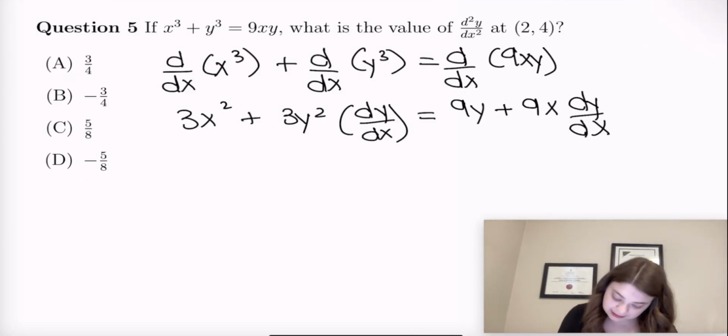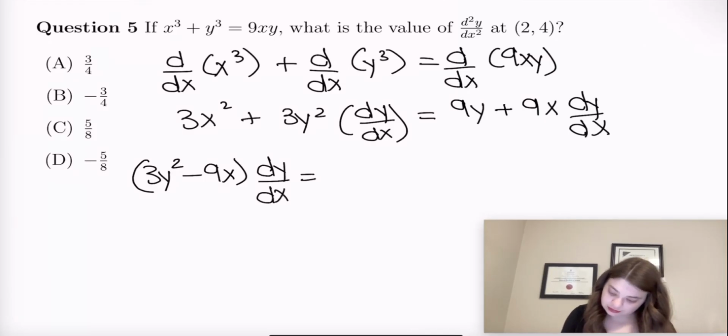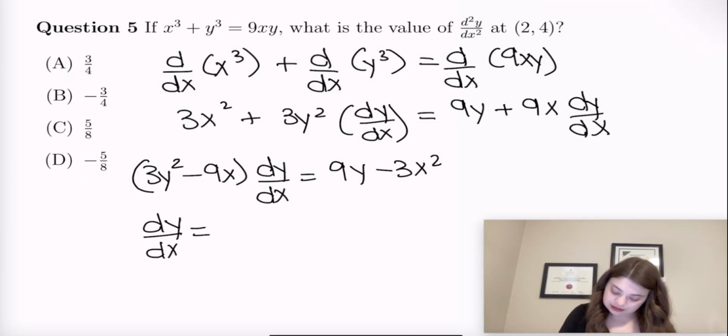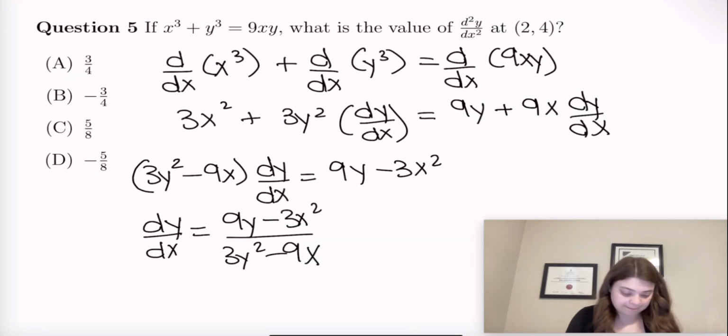So if I do that, I'm going to get that 3y squared minus 9x times dy over dx is equal to 9y minus 3x squared. That means dy over dx is equal to 9y minus 3x squared over 3y squared minus 9x. And so there we go.